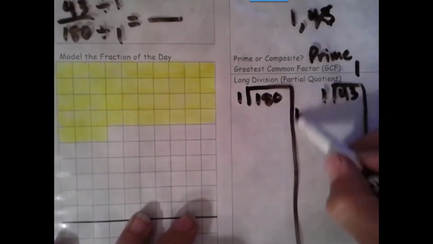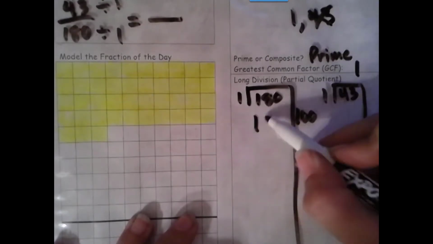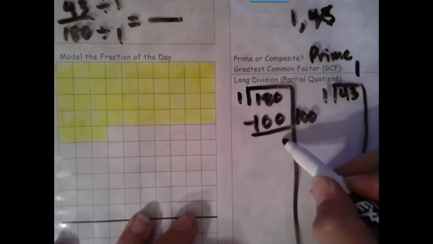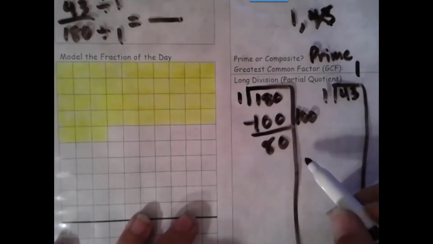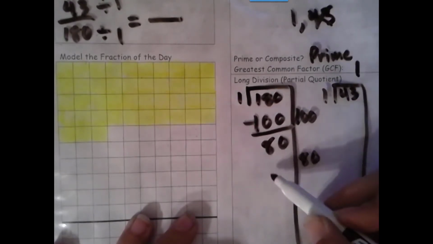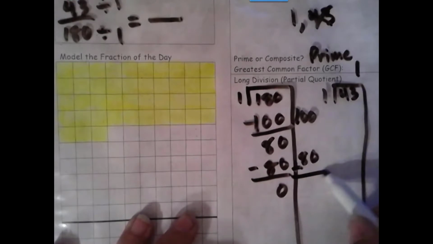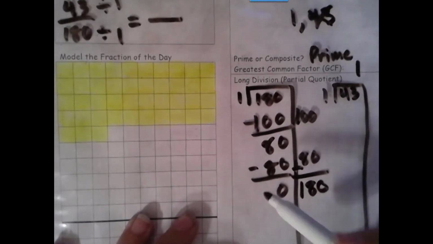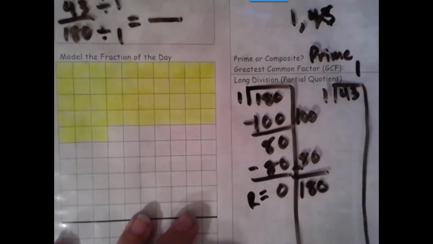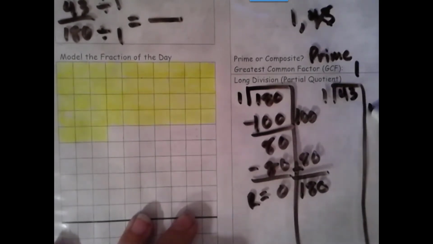Okay, 100 times 1 is 100. Number's the same, 0 is the game, more on top, no need to stop. 80 times 1 is 80. Number's the same, 0 is the game. 100 plus 80 is 180. So remainder is 0. We have our partial quotients there.